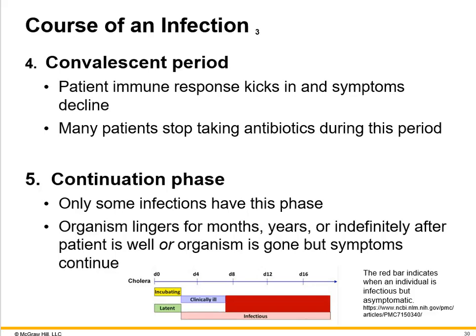This is especially true for certain viruses. In such cases, the pathogen can exist in a dormant state within the host and may reactivate later. They could remain asymptomatic for long periods of time, only to have symptoms reemerge from time to time later on. This is what we call a continuation phase.